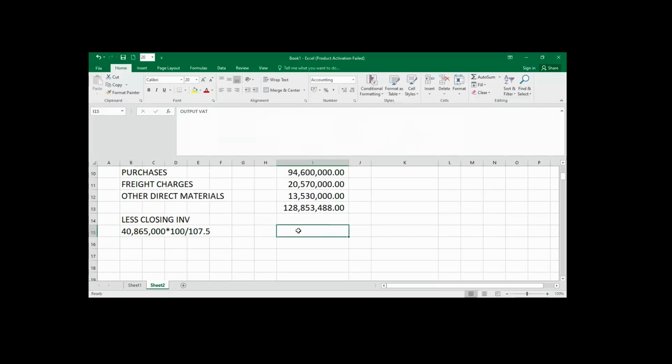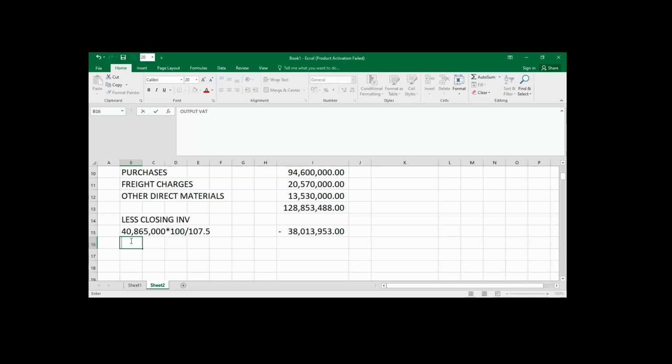That will give us the value of the closing inventory, which we are going to less from this, which will give us 38,013,953. So when you now less this value, that is not the value of the VAT.